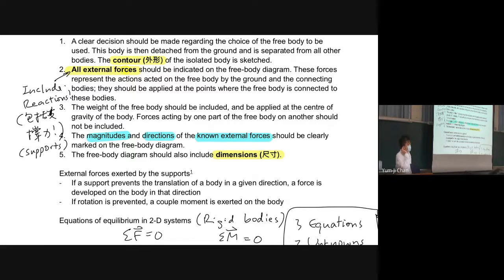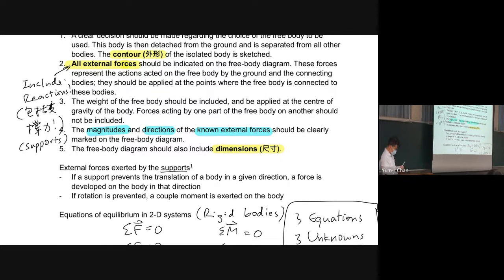All support reactions should also be included. Okay. For all these forces exerted by the supports, we'll talk about them here.